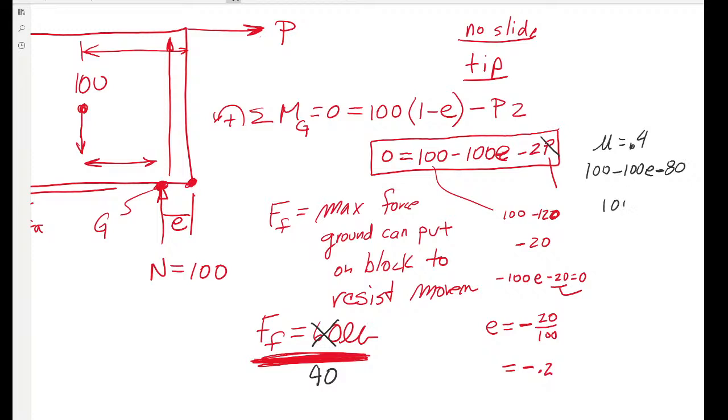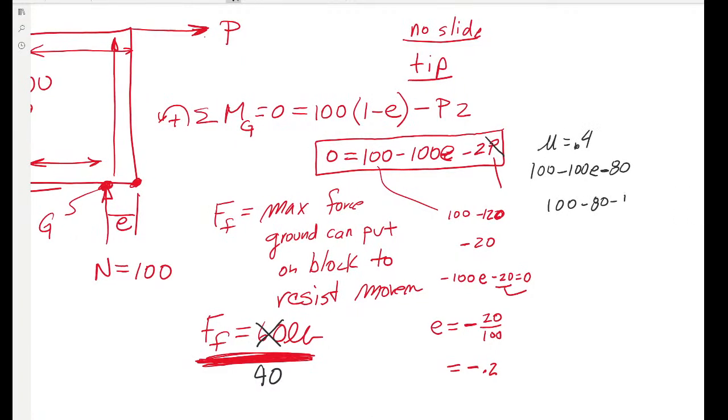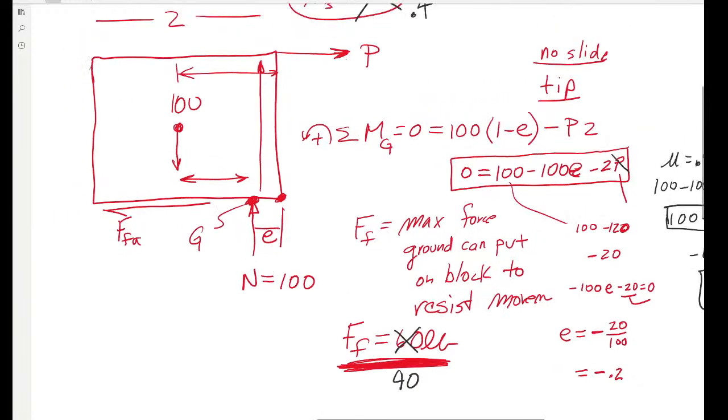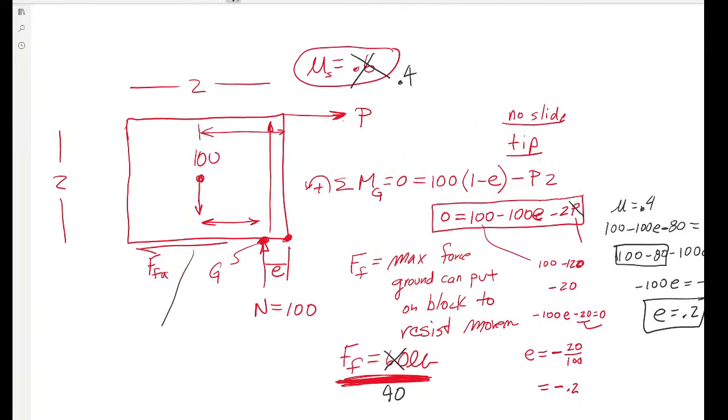So now I get 100 minus 80 minus 100 E, and this all was equal to 0, which gives me a 20. I move it over to the other side: minus 100 E is equal to minus 20, means that E is equal to plus 0.2. Meaning, if it's a little bit slippery on the bottom, then I can pull at the top, and it'll actually slide across the carpet or whatever.